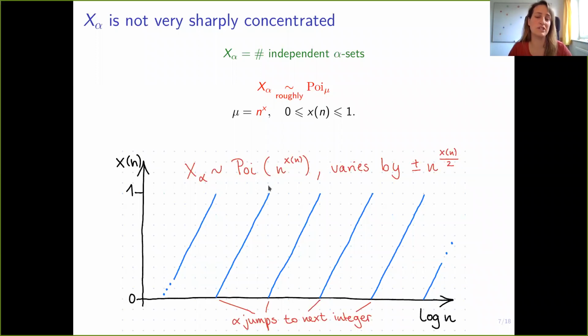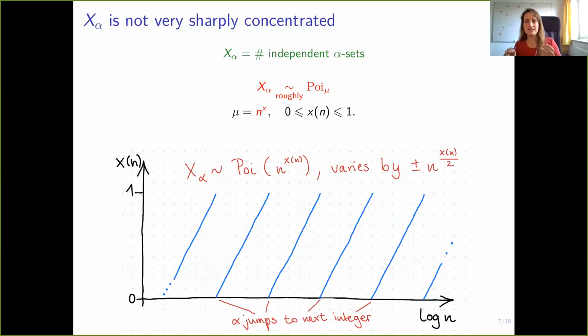And at that point, the independence number jumps to the next integer because you've increased this expression. So alpha becomes alpha plus 1, and then the exponent drops down to 0 again. This is what the exponent of the expected number of maximum independent sets does.